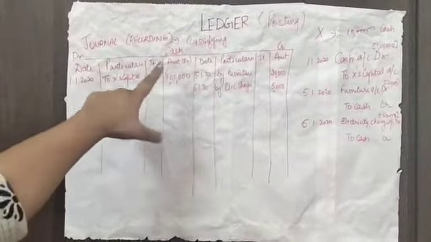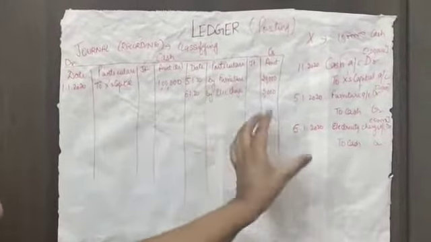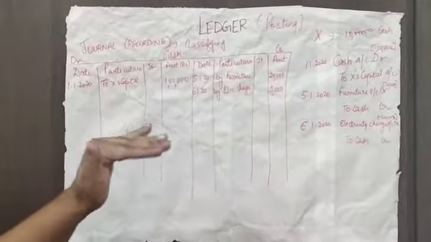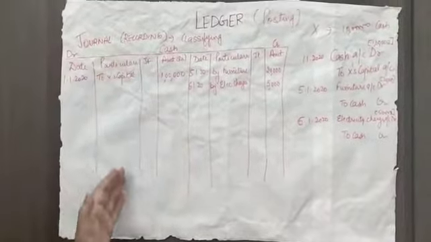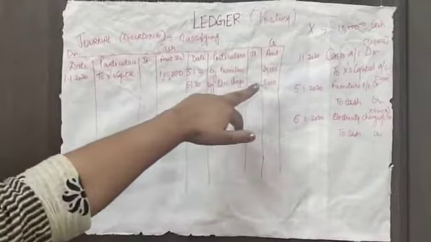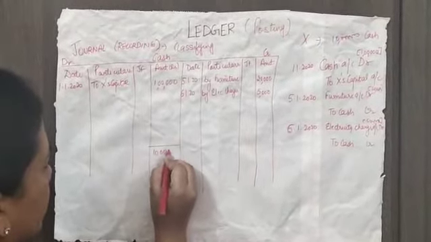So now this is the cash ledger. We always have to close the ledger by equating both the sides. Sometimes the sides are automatically equal, but sometimes if they are not equal, we have to equate them. Let's see what is the total of the debit side and the credit side. We know debit side is 1 lakh and here it is very less. So we will write 1 lakh.